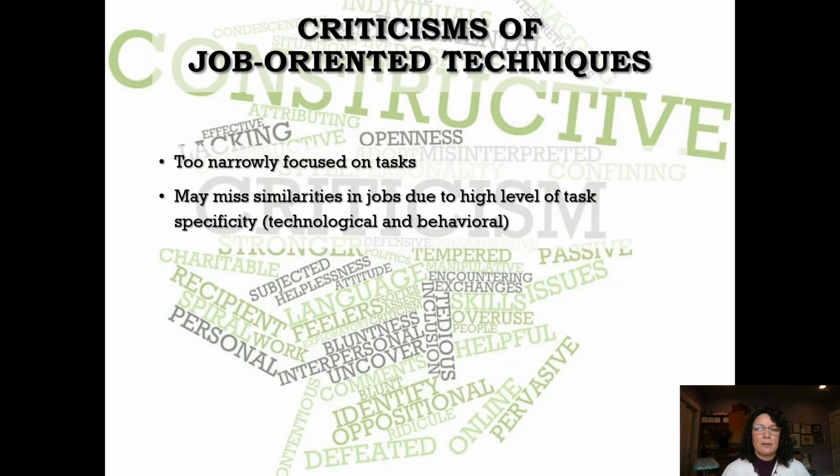The other criticism, and we see that with the change between the DOT with 12,000 categories of jobs and ONET with less than 1,000, is you may miss similarities in jobs because the task specificity is so high level. If it's even slightly different, we make it a different kind of task, and so that would make these jobs different. It makes it really super complicated to have that kind of process.